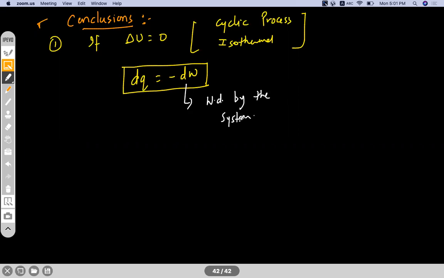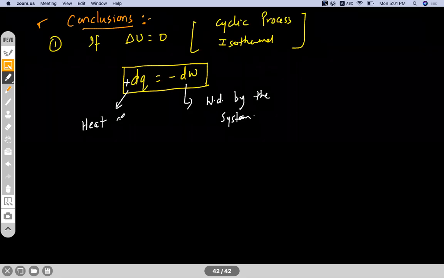This is plus dq. Plus dq means heat absorbed by the system, isn't it? Let me know if you're not getting it. Is it clear? Now, this is the mathematical relation we have.